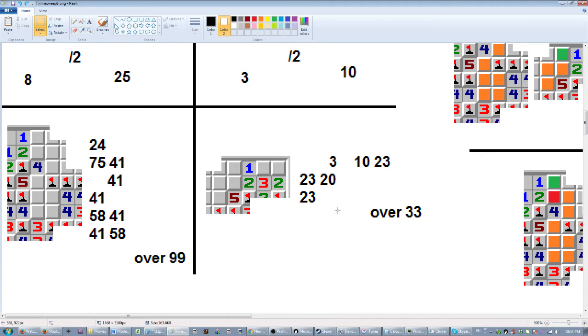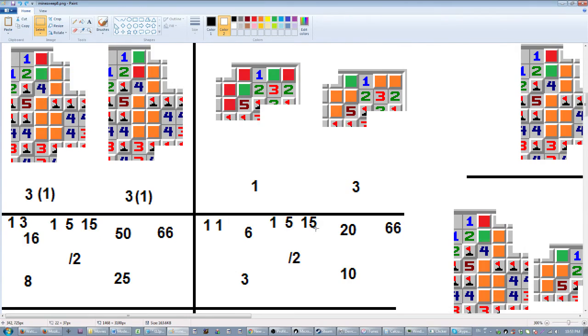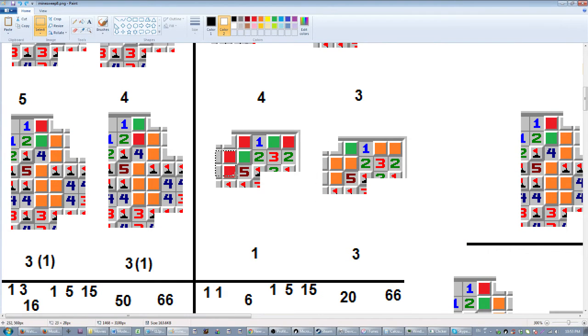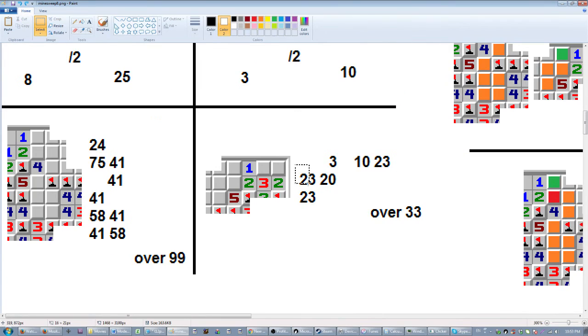The amount of combinations, that is. So 66 minus 20 ends up with 46, and I know that these 2 blocks have the same probability of having a mine because they're just the same. You just look here and they do the same thing, I guess. That's what I'm saying. So you end up with 23 for both. You just divide 46 by 2, and you get these 2 numbers.